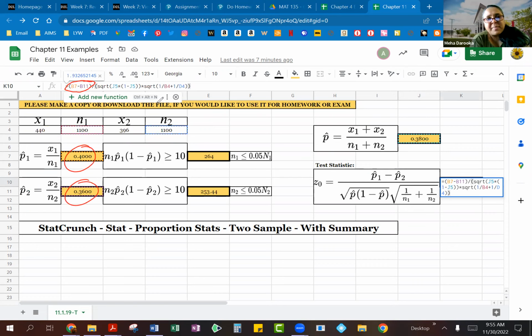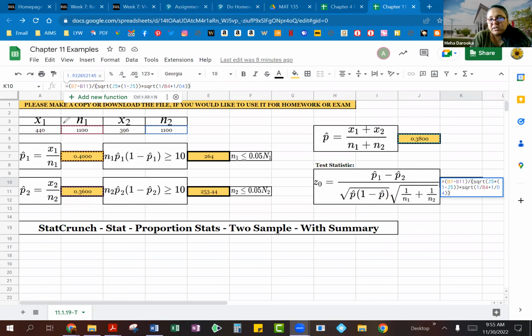Then on the denominator, we are taking the square root of this. This is coming from the p-hat and the 1 minus p-hat. And then the second square root is using 1 divided by n1 plus 1 divided by n2. So all of these formulas have already been set up in here.